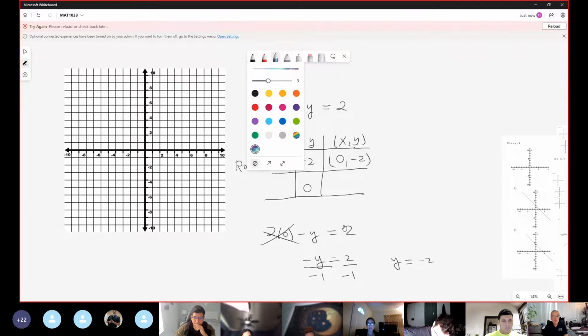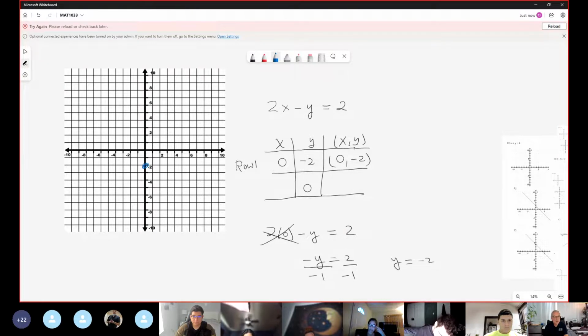Okay, let me try here. Blue, pero deja blue. 0, -2. I plot that. Boom. Okay, now 0 and y. 0 and y is easy. It's 2x minus 0 equal to 2.